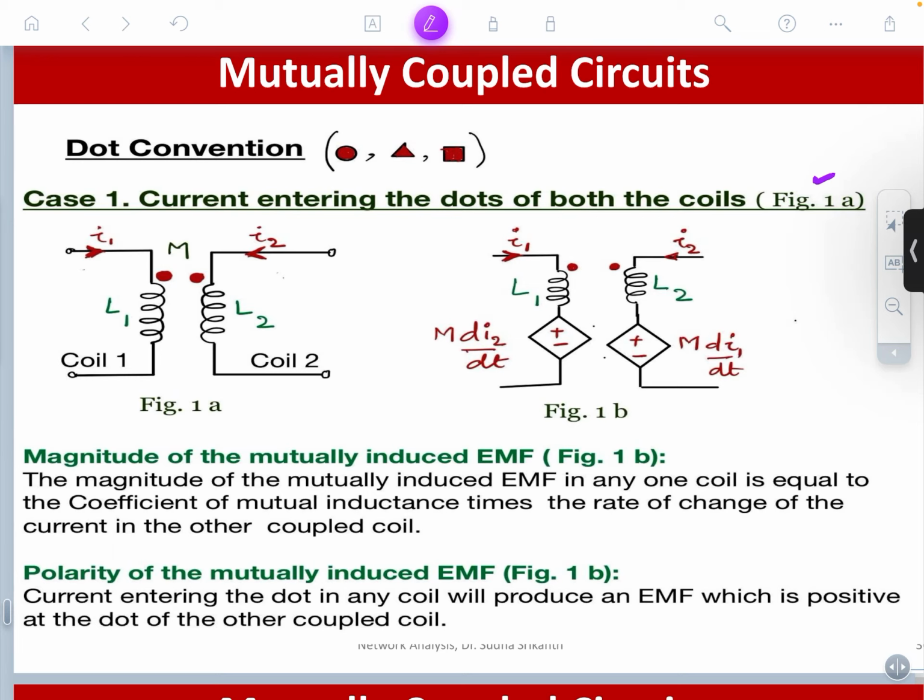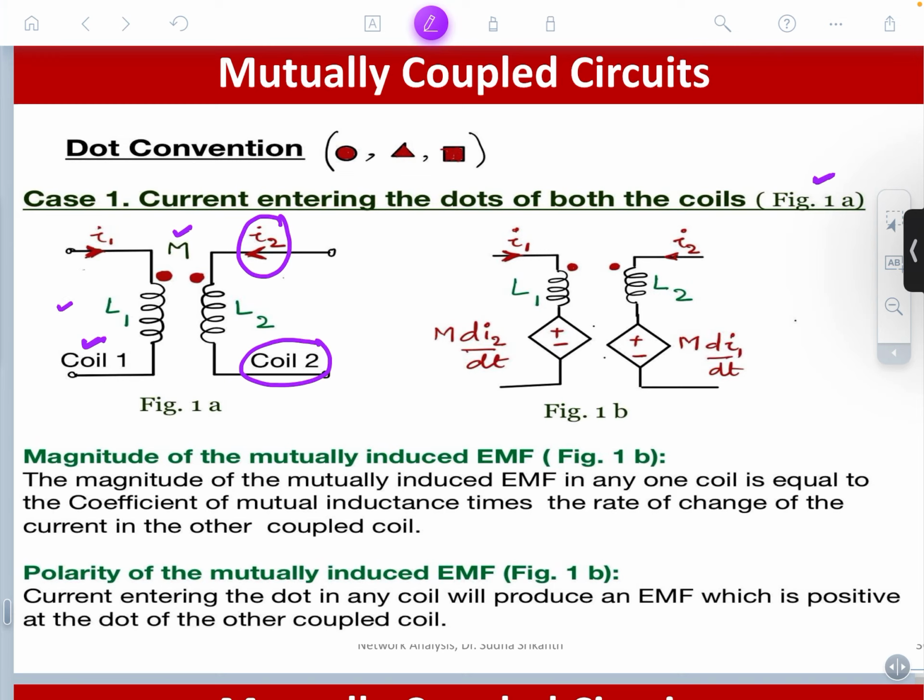So when the currents enter the dot, how do we compute the magnitude? If we talk about the magnitude of the mutually induced EMF in coil 1, it is given by the coefficient of mutual coupling and the rate of change of current in coil 2, because this current will be producing an EMF in coil 1.